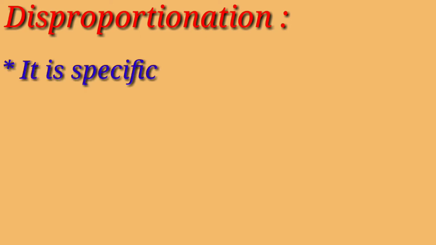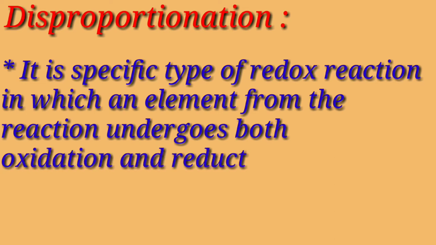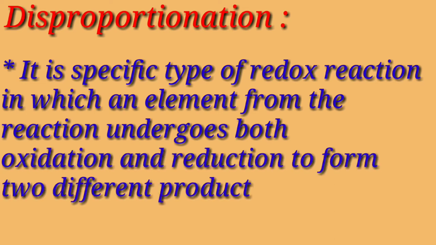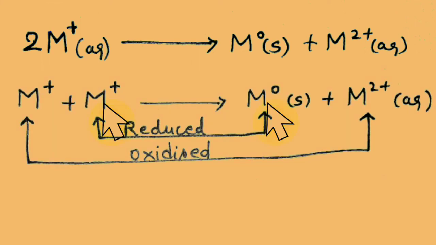Disproportionation. Students, it is a specific type of redox reaction in which an element from the reaction undergoes both oxidation and reduction to form two different products. Over here, the metal ion M+ gets converted to M0, that is decrease in oxidation number from +1 to 0.